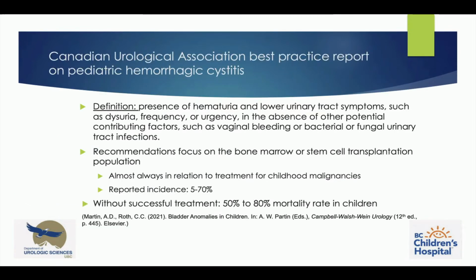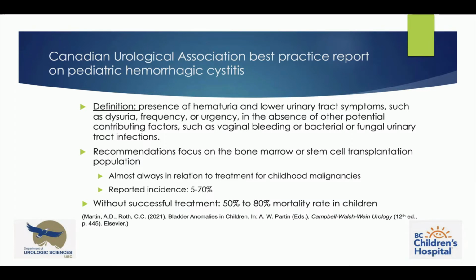So to start, how do they define hemorrhagic cystitis? It is the presence of hematuria and lower urinary tract symptoms, such as dysuria, frequency, or urgency, in the absence of other potential contributing factors, such as vaginal bleeding or bacterial, fungal, urinary tract infections.